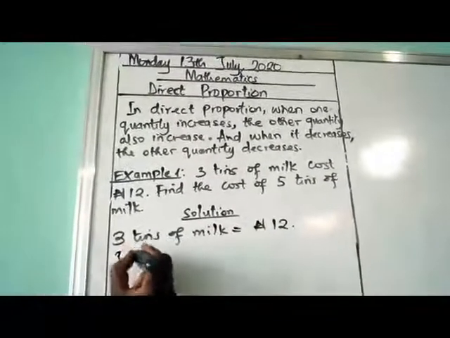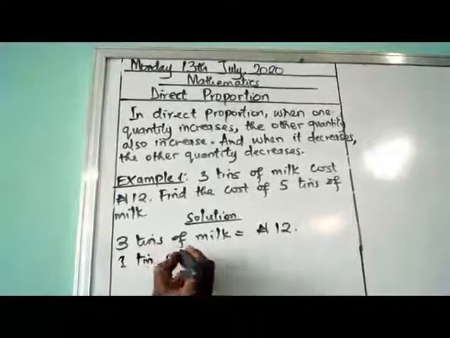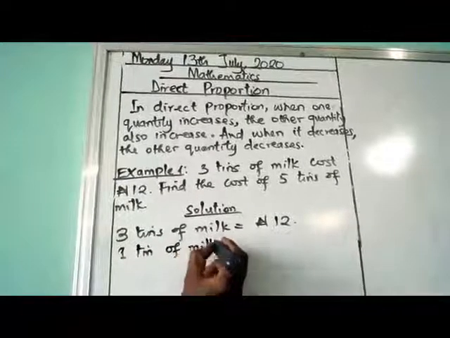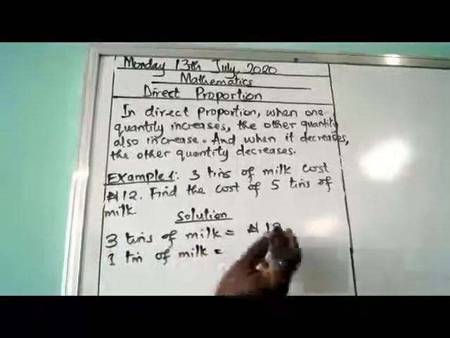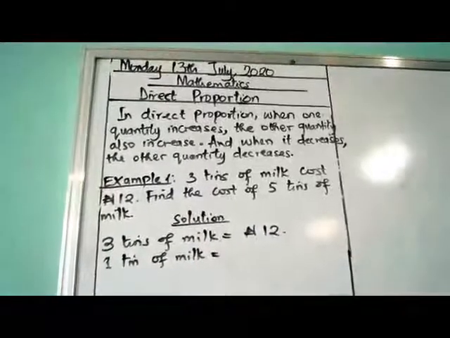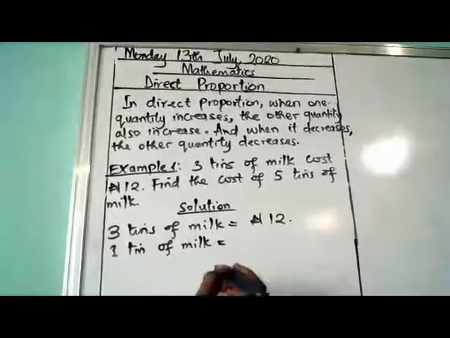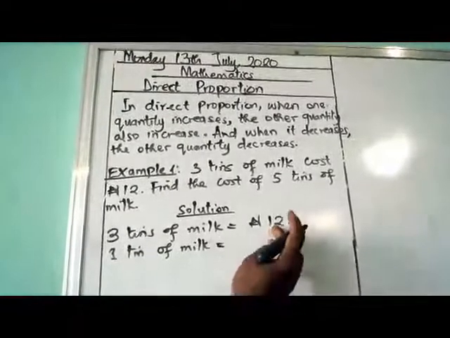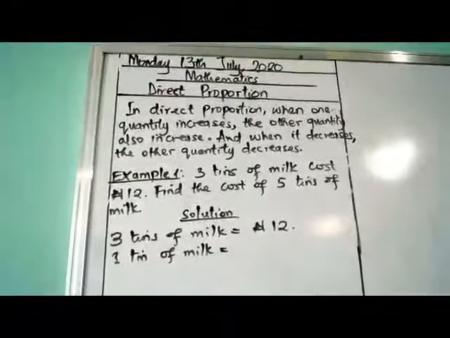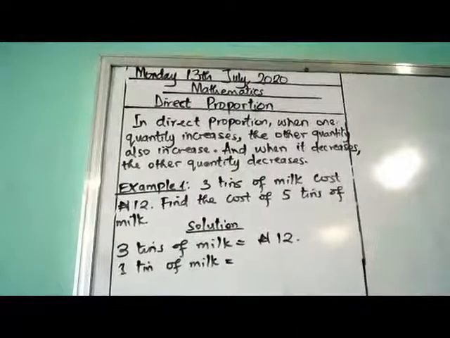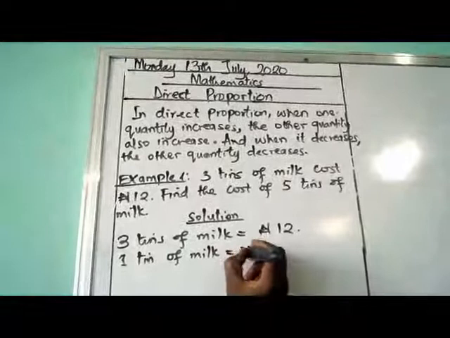Then we must find the value of 1 tin of milk. To know the amount for one, we divide this particular amount, which is for 3 tins, by the number of tins I bought for that amount. That will give me how much 1 tin of milk is sold.